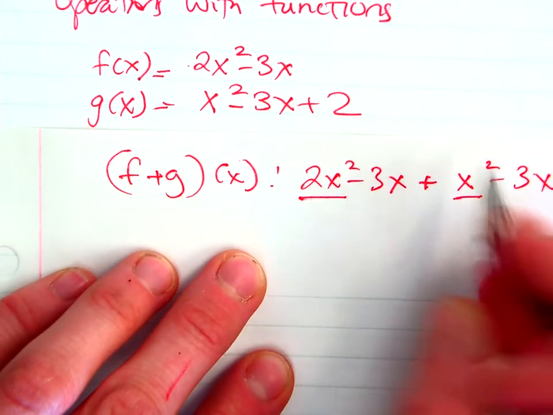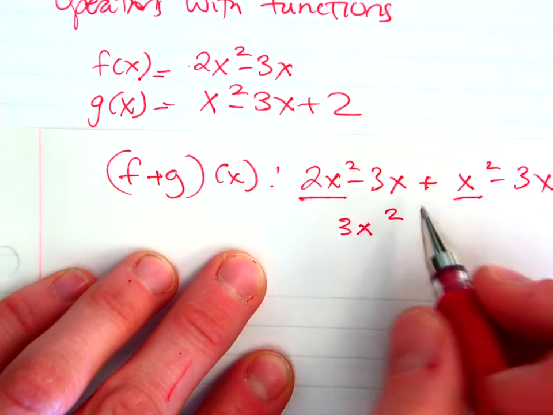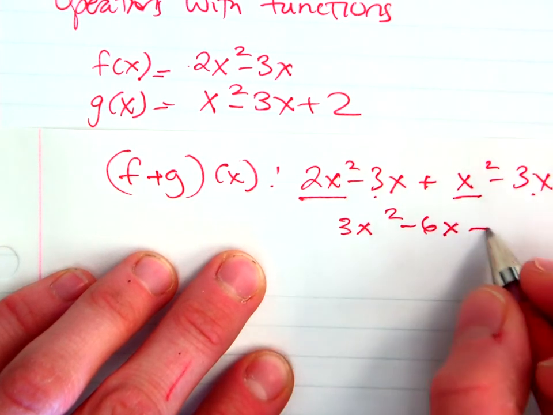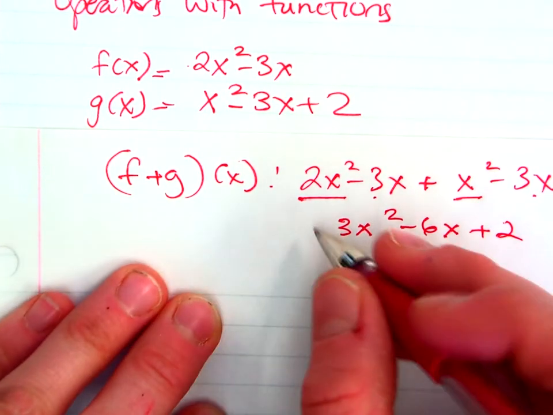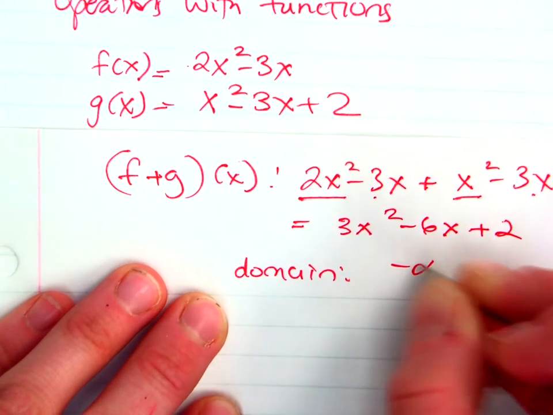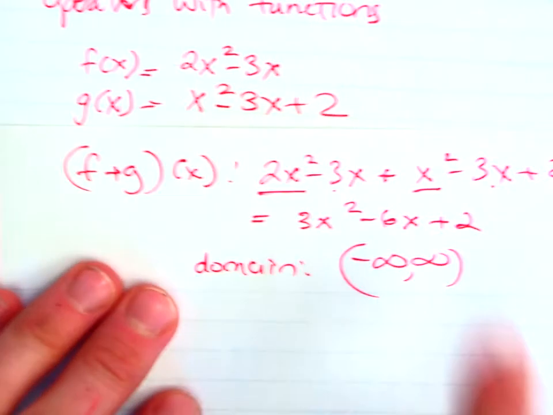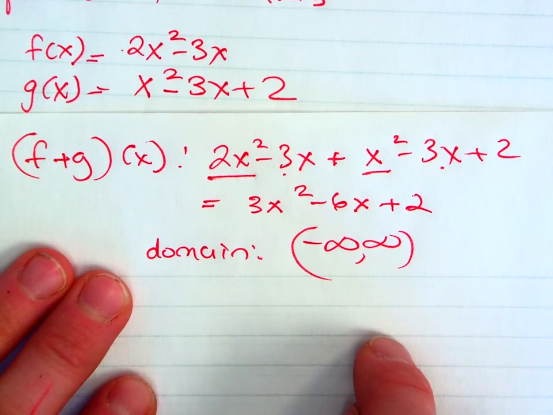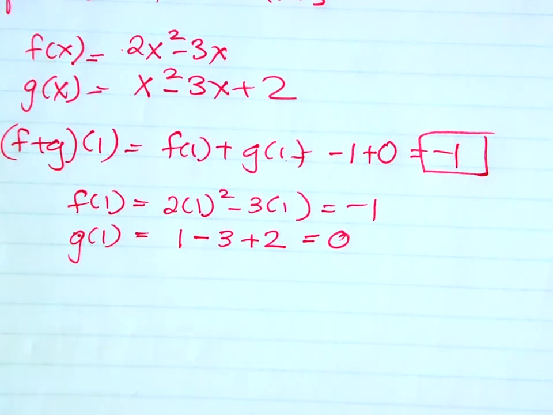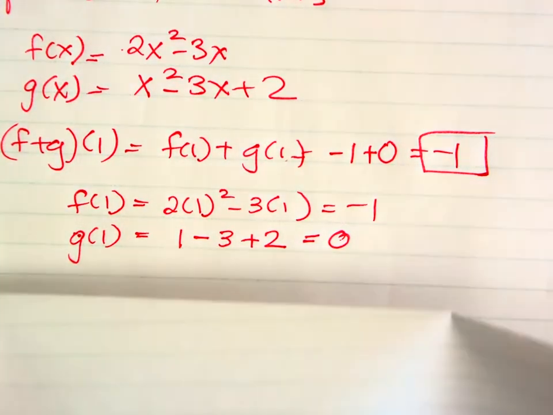So 2x squared plus x squared is 3x squared, negative 3x minus 3x is negative 6x, and then plus 2. Now the domain of this is just negative infinity to infinity because this is a polynomial.